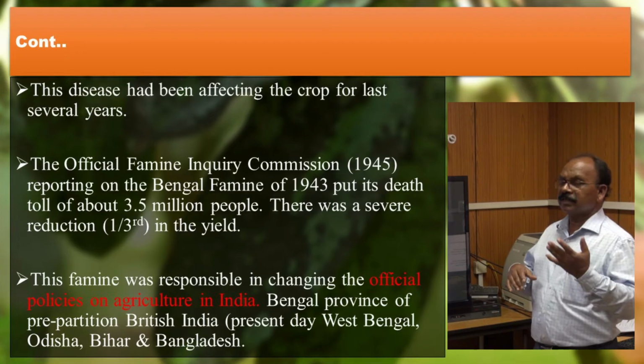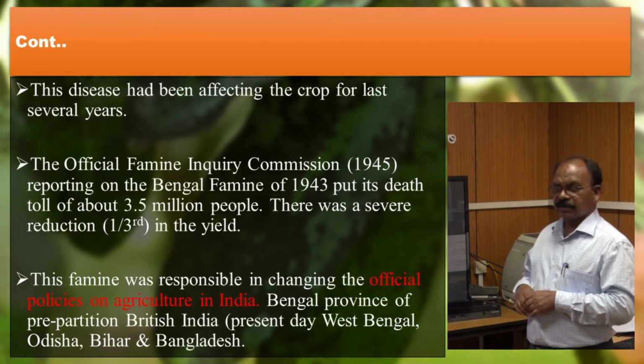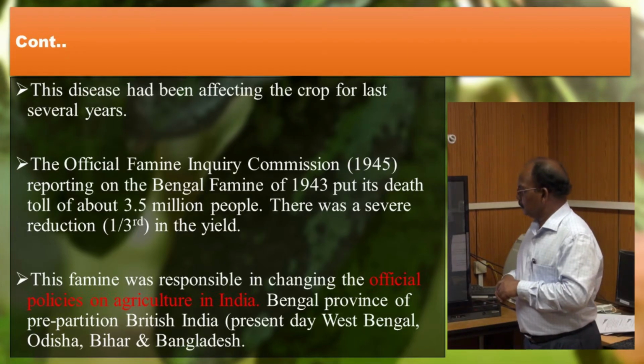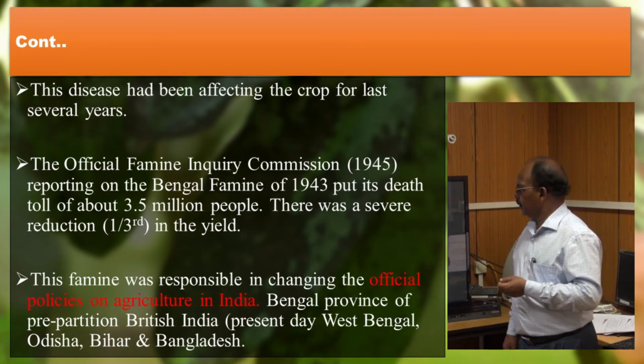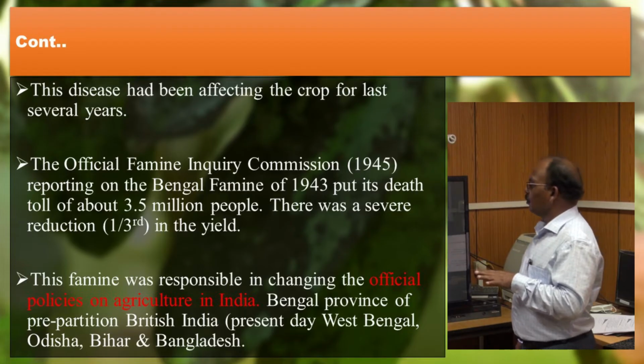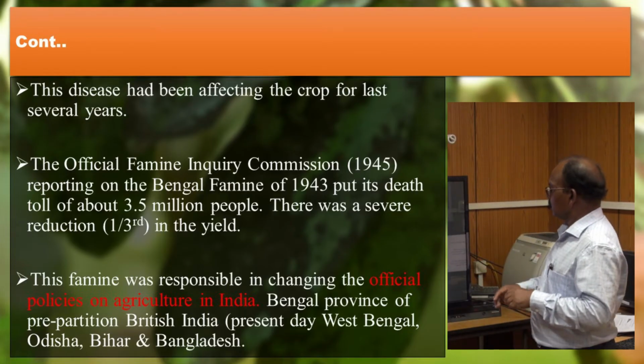There was severe reduction, which means one-third in the yield. This famine was responsible for changing the official policies on agriculture in India.